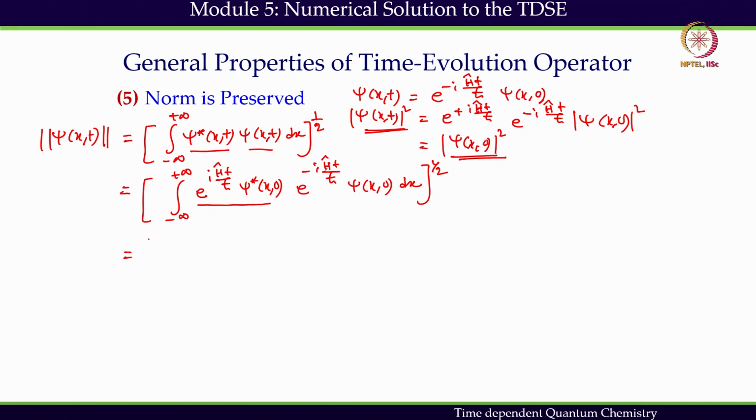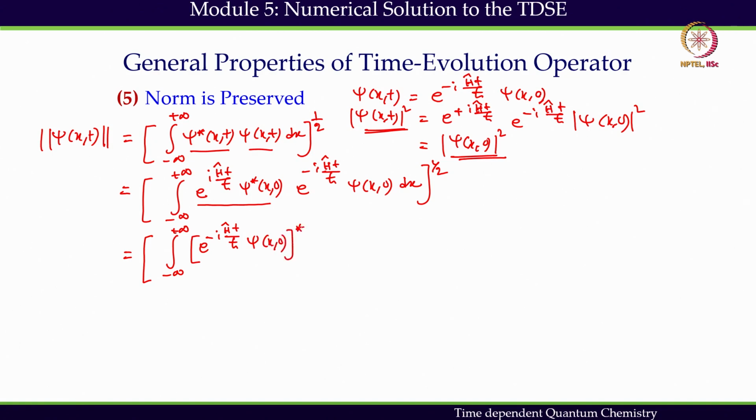So I will rewrite it; a little mathematical trick will help me get to the point we are trying to make here. E to the power minus i H t by h cut psi x 0.